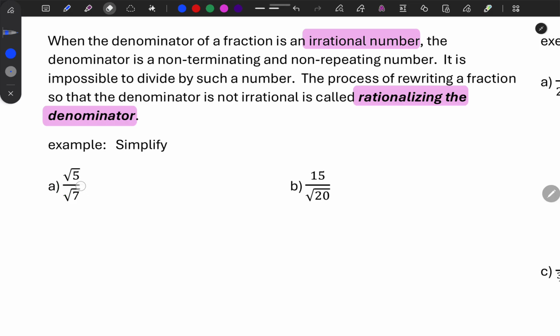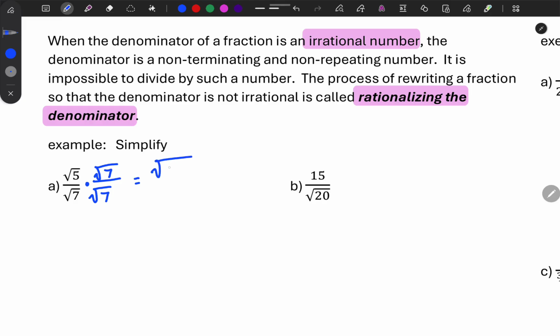So for example, in this example here, root 5 divided by root 7, we don't want to have a square root in the denominator, but we do know if we were to multiply by the square root of 7, the square root of 7 times the square root of 7 is equal to 7. We also know that any number over itself is going to be equal to 1. So we kind of pick a smart radical to multiply by in the numerator and the denominator, knowing that we're actually just multiplying by 1.